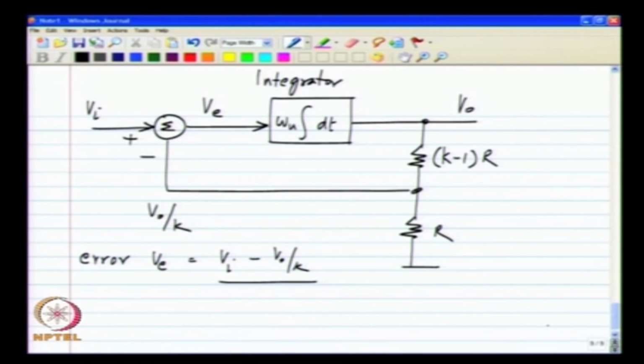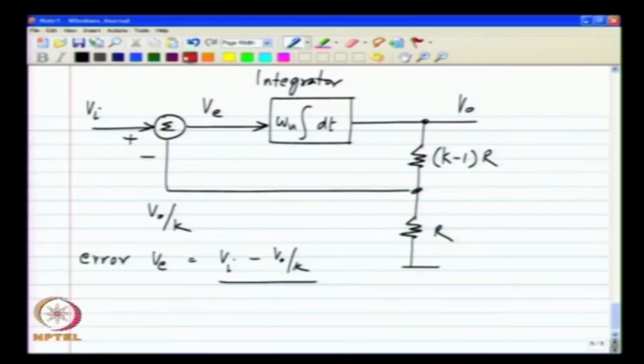So, we will examine what happens when the output is different from k times Vi. We already know that the only way the output will be a constant is when the error VE is 0. When the error VE is 0, it means that V naught by k equals Vi, or V naught equals kVi. So, we already know that the steady state solution to this system is V naught equals kVi, that is the output equals k times the input voltage.